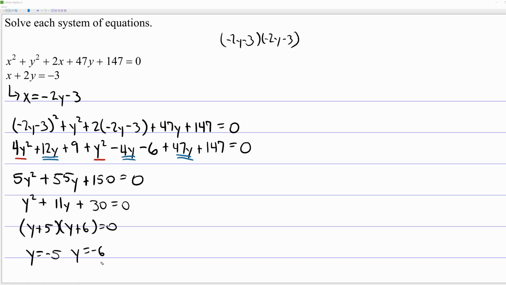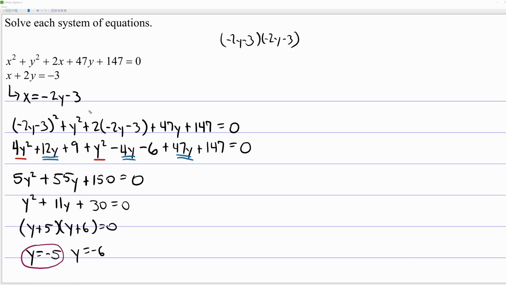We're solving a system of equations. We're looking for where two graphs intersect. So our solution isn't just going to be a y value, it's going to be a point, an xy point, because that's where two graphs intersect in 3 dimensions. All I have are the y values.